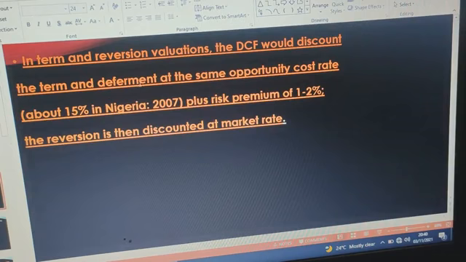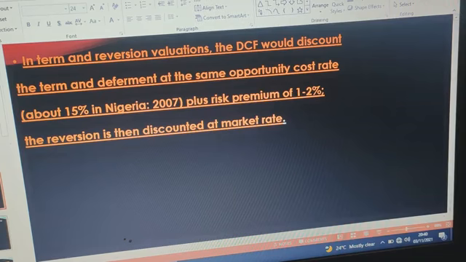In term and reversion valuations, while the conventional valuation would capitalize the term at, say, 5% to reflect the security of the term income over the reversionary income, the DCF would discount the term and deferment at the same opportunity cost rate, about 15% in Nigeria, 2007, plus risk premium of 1-2%. The reversion is then discounted at market rate.